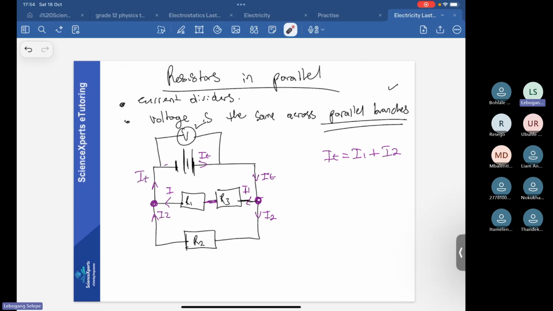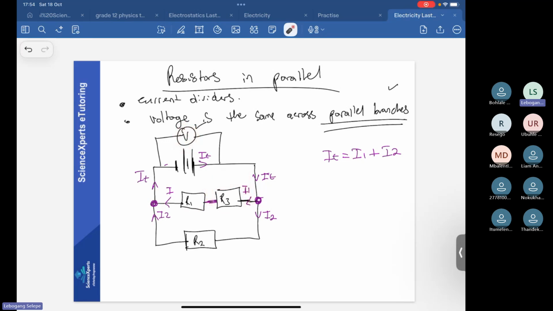So the current that R3 and R1 receive would be the same current. But now the voltage would divide because R1 and R3 are in series. The voltage across R3, if they put a voltmeter here, wouldn't be the same as the reading across that one.